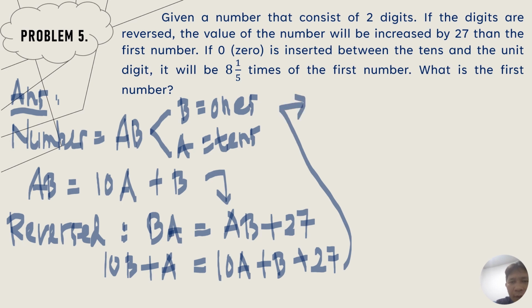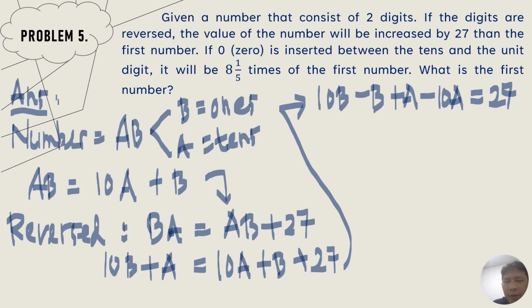Then we can make it simpler, become 10B minus B plus A minus 10A equals 27. And here we have 9B minus 9A equals 27.